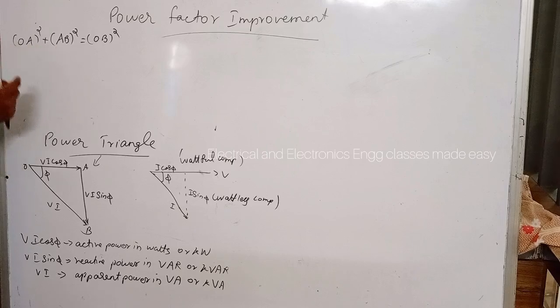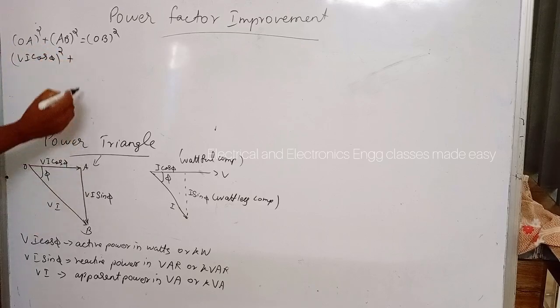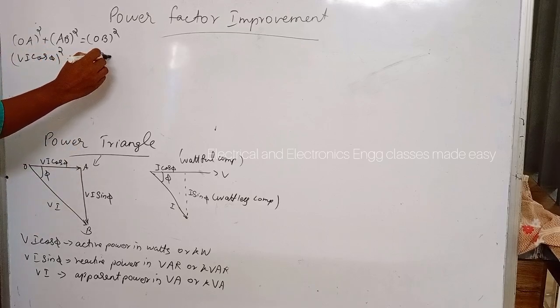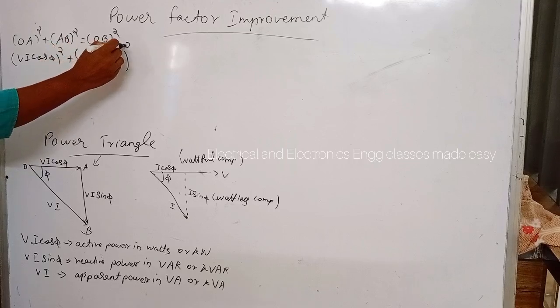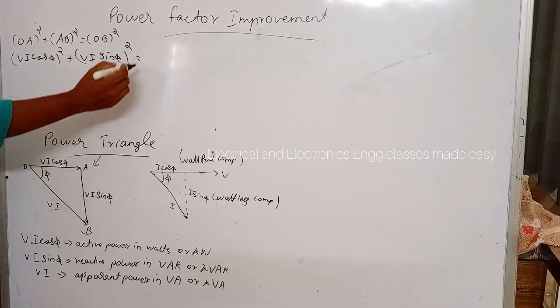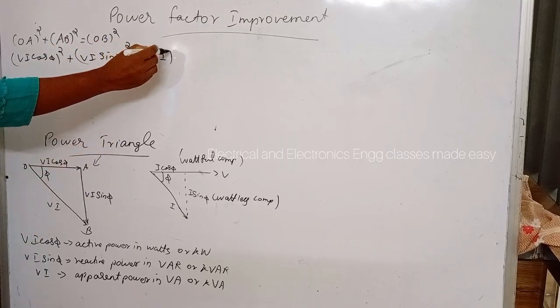So here OA is VI cos phi, so (VI cos phi) squared plus AB is (VI sin phi) squared equals OB is (V into I) squared.